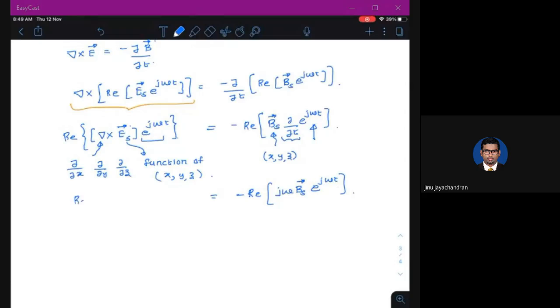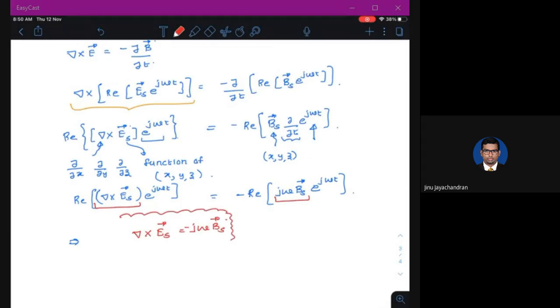In the left hand side, it is real part of del cross Es e raised to j omega t. If both should be equal, then del cross Es should be equal to minus j omega Bs.